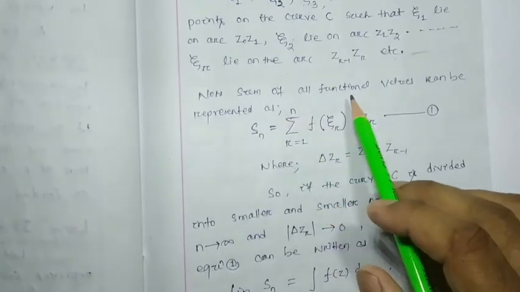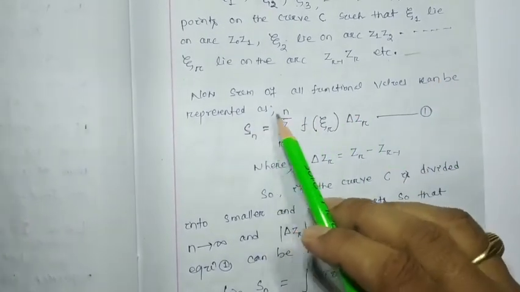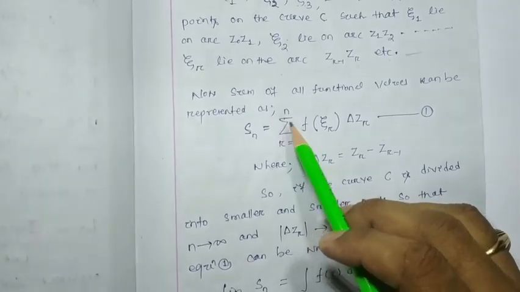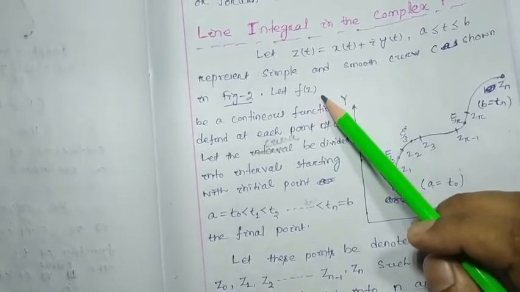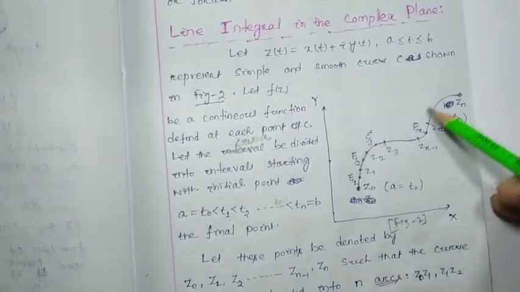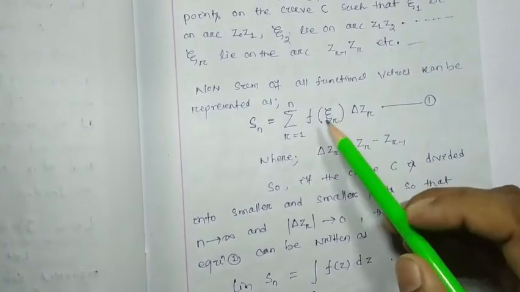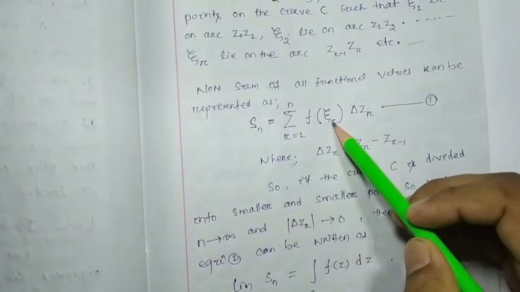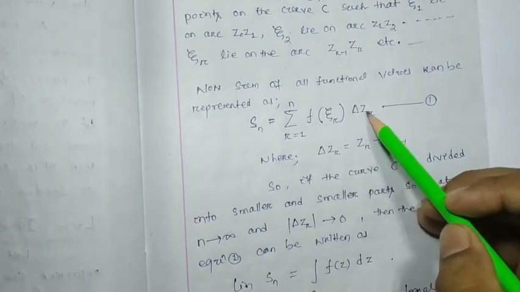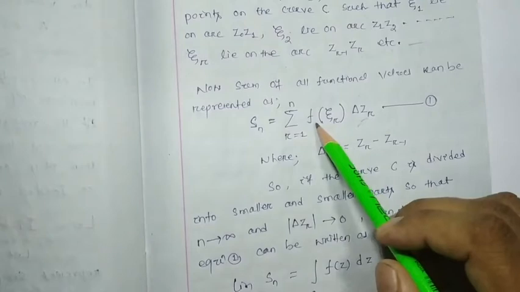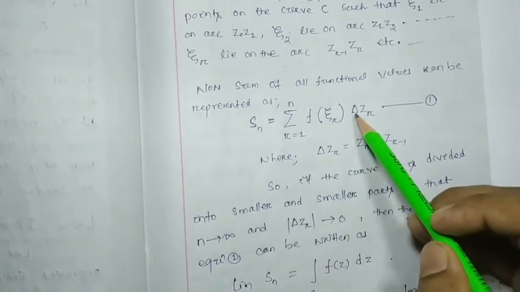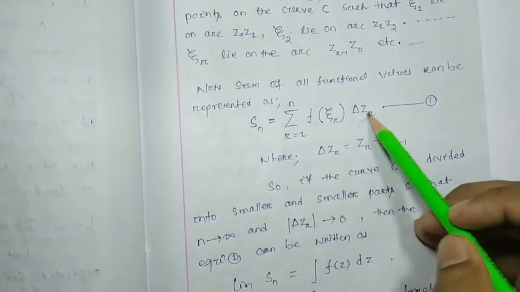Now the sum of all functional values can be represented as follows. Here we consider f(z) as the function represented on the curve. So for each and every point, if you want to find the functional value, it will be f(xi r) del zr. The functional value can be represented by f(xi1) del z1.